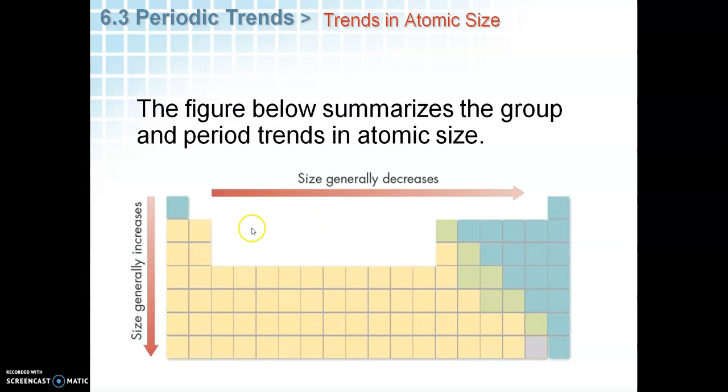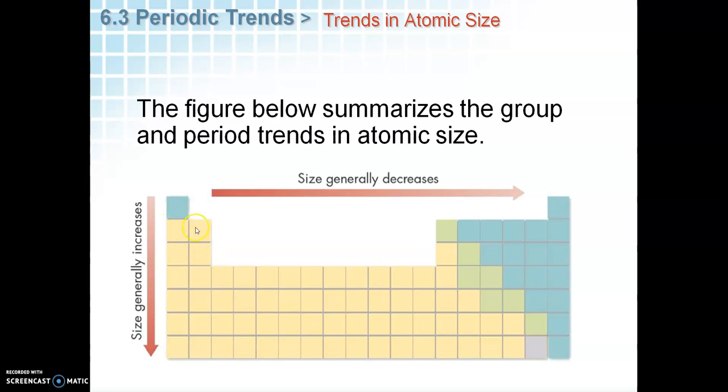Well, the reason is we're adding to the same level. The electron in lithium here is in level 2, 2s1. You go to beryllium, yes, you added another electron, but it's still in level 2. It's 2s2. Boron over here, 2p1. Yeah, it's a P instead of an S, but it's still in level 2. And everything in level 2 is about the same size, give or take.